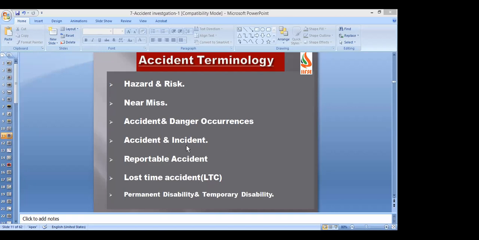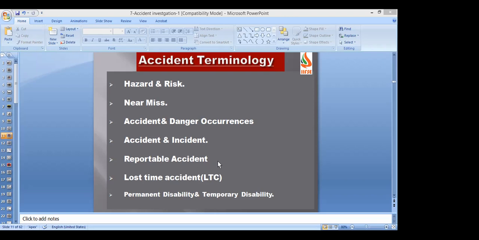Then what is meant by incident? Incident in the sense a deviation from the standard practice, a deviation from the standard procedure or from a specific plan, that is called an incident.